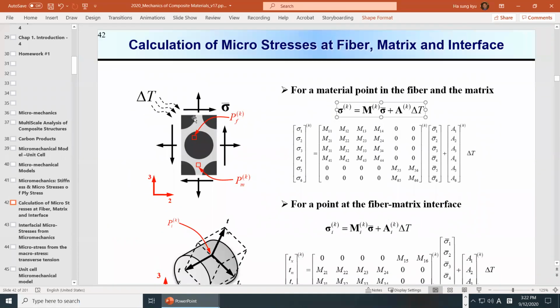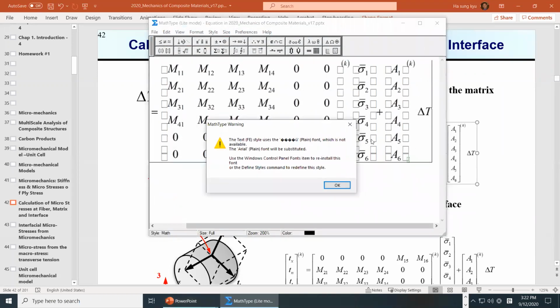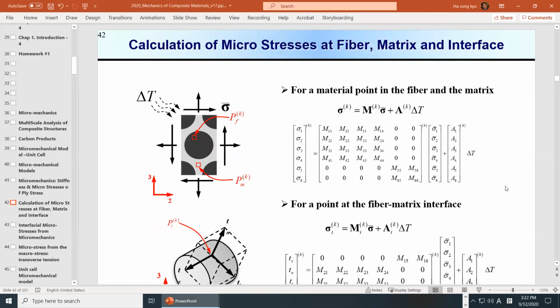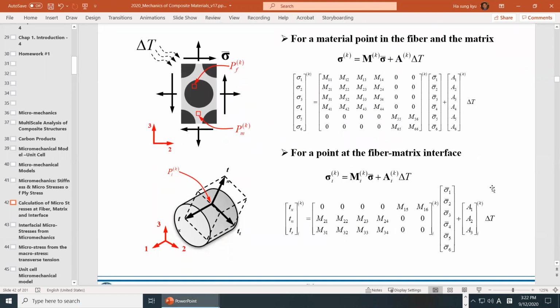This sigma bar is the load we apply to the unit cell, the same as the macro prime level, and this is the local stress. So in matrix form, we have a 6 by 6. This is the local, and this is the macro. And delta T as well.